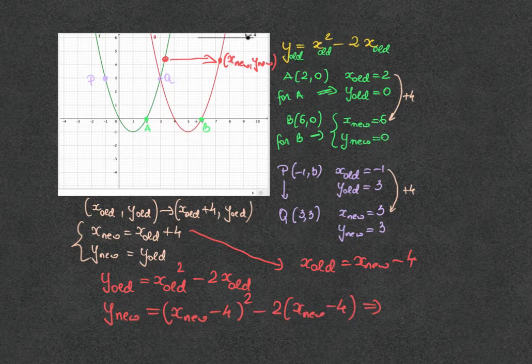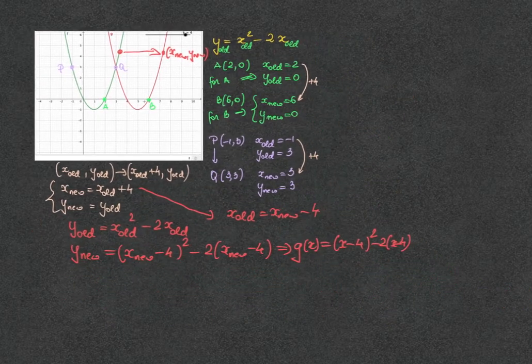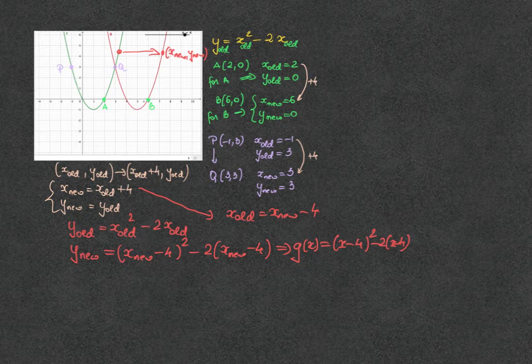So the graph of g of x, the red graph, will be (x minus 4) squared minus 2 brackets x minus 4. And this is the equation of the graph. And see, it's the same, so your g of x is the same as f of x minus 4.